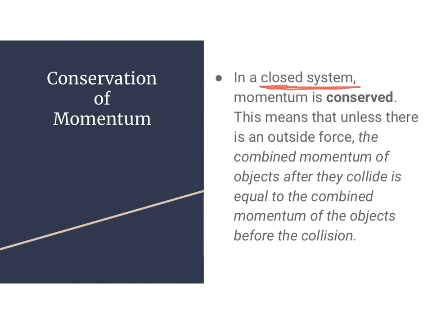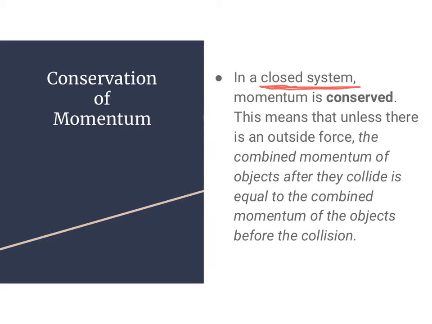So in a closed system, there are no external forces, and a lot of this depends on what we define as our system. Because if we're looking at a system where there are outside forces, we can make it a closed system by simply expanding the definition of our system. Or if we want to consider some of the forces as outside forces, we can shrink what we consider to be our system so that we're only looking at individual objects.